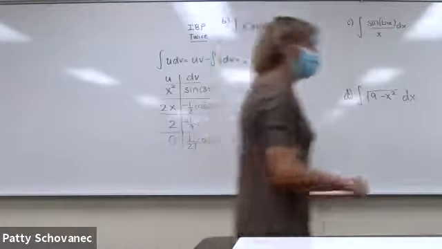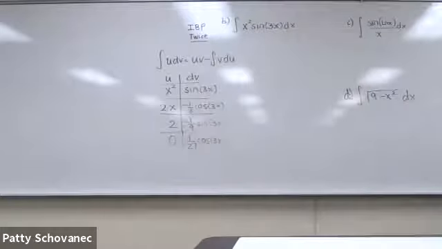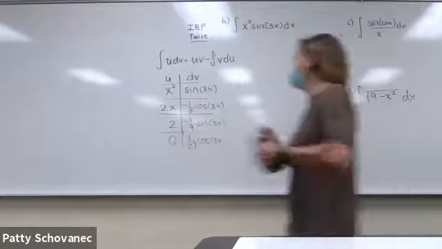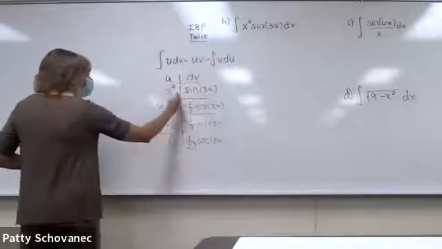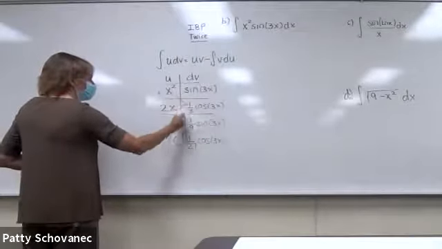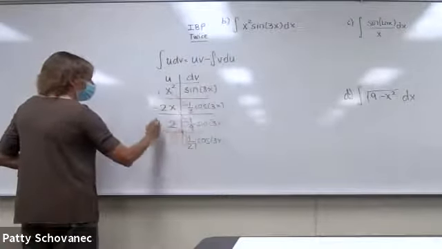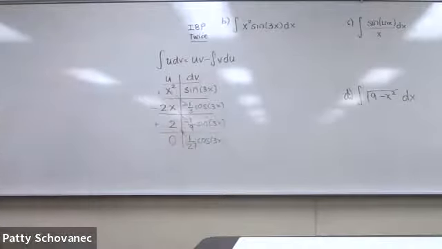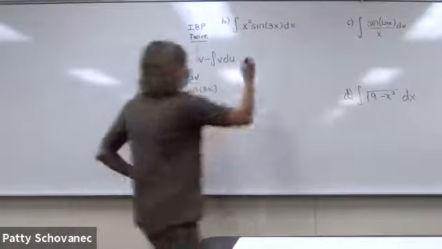Then we go down the diagonal, plus minus, plus minus. That one's plus, that one's minus, that one's plus. So our first term is a negative x squared over 3 cosine of 3x.